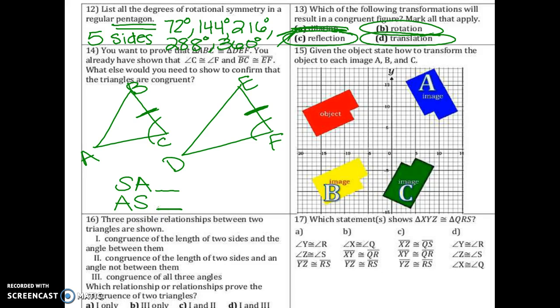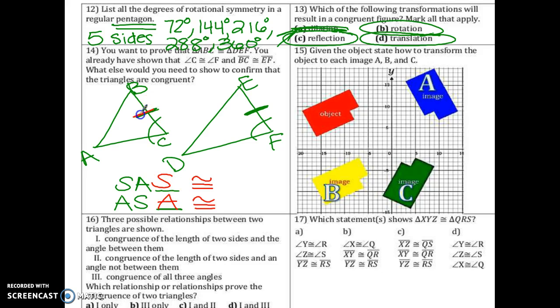So what we're missing is a side for this. That would make it congruent. Or we're missing an angle. That would also make it congruent. So which side and which angle?